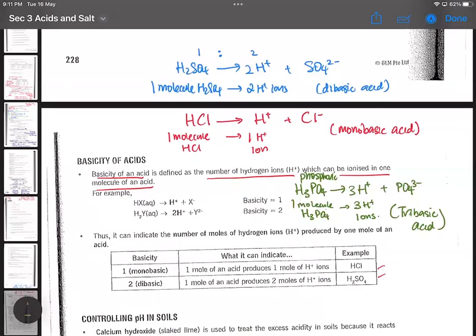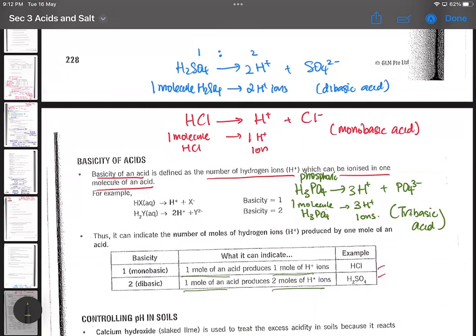Any questions for this? For those who have done mole calculation already, I normally won't refer to them as molecule, but you can see that the ratio here is 1 mole acid, 1 mole H plus; 1 mole acid, 2 moles H plus.